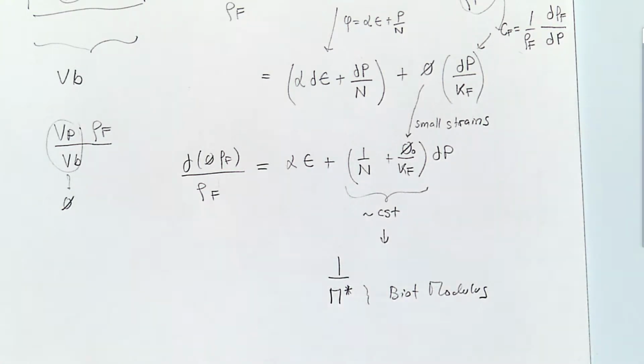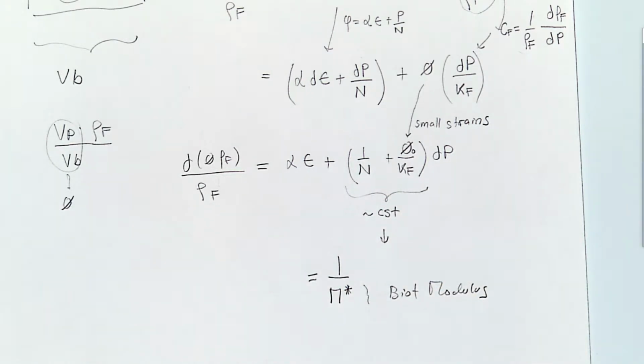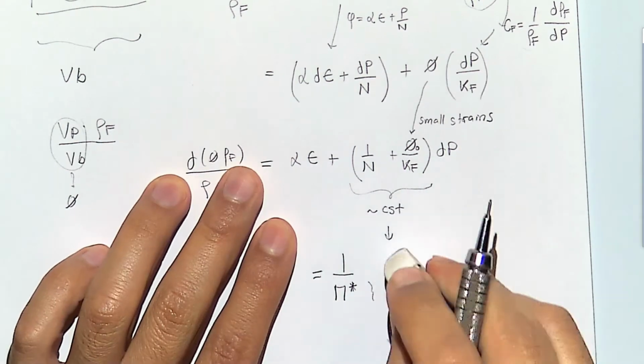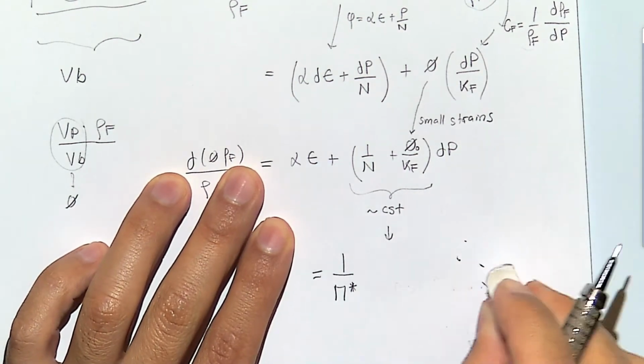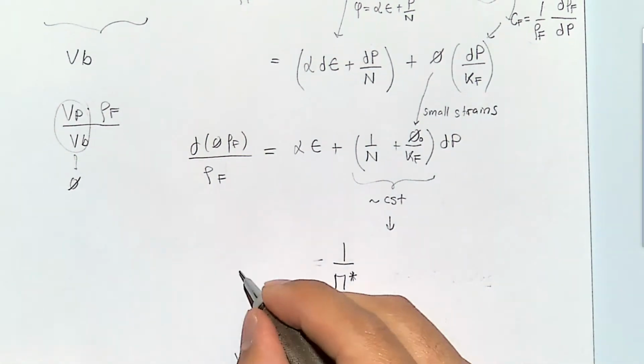And it is equal to what it is right over here. And just as a reminder, let me write it entirely so we have everything in there. This one is a Biot modulus.